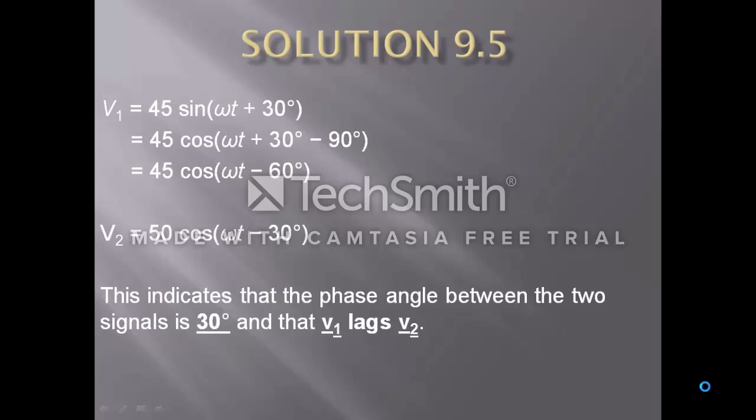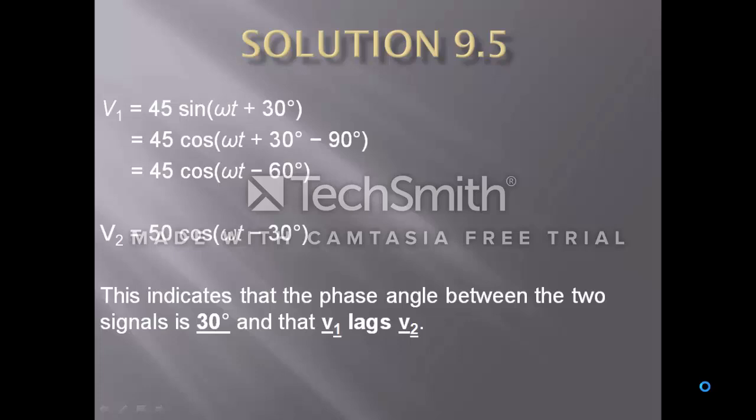Now we have V2 as 50 cos omega t minus 30. This is already in the cosine form, so we don't need to convert it to sine form. The angle 60 is phi 1, which is the phase angle for the first equation, and 30 degrees is the phase angle for the second equation.